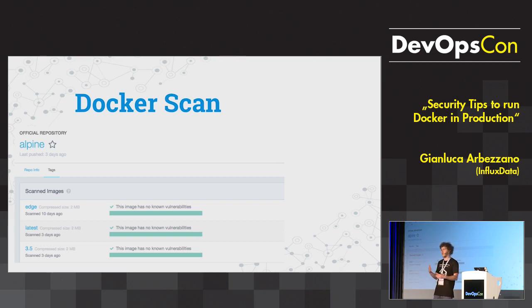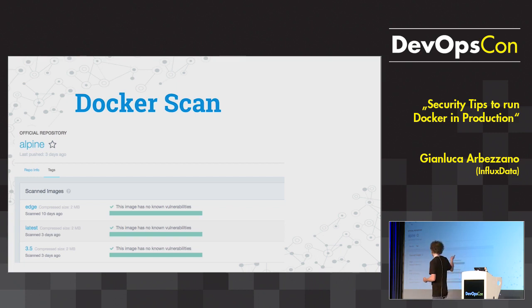For example, if you have OpenSSL installed and it's an old version, maybe you have the Heartbleed vulnerability still around, and you need to update it. How to keep track of all these vulnerabilities? You can use Docker Scan. It's a service that Docker sells in Docker Hub. All the official images are scanned by default, but your private images and your public images are not scanned. You can buy the service and scan them.